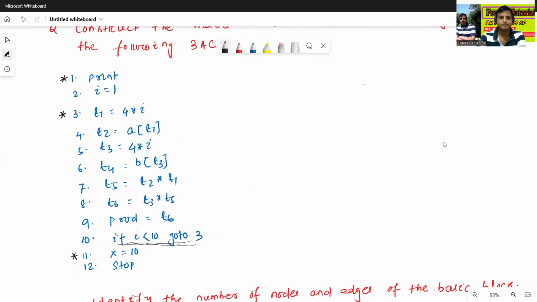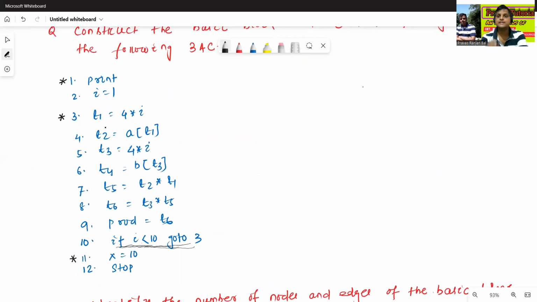This is my first leader, this is my second leader, this is my third leader. So from one leader to another leader, we'll construct the basic block. That means this is B1, the first basic block. Now we'll construct another basic block.